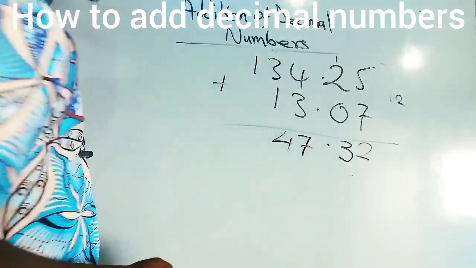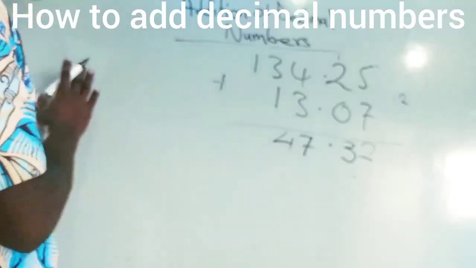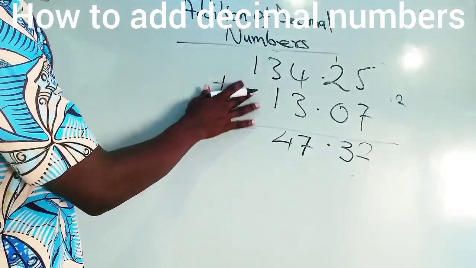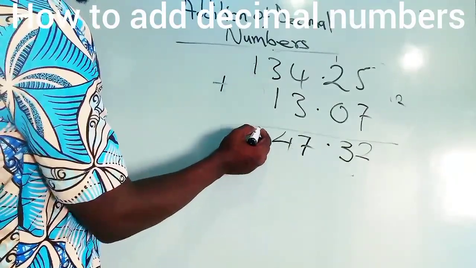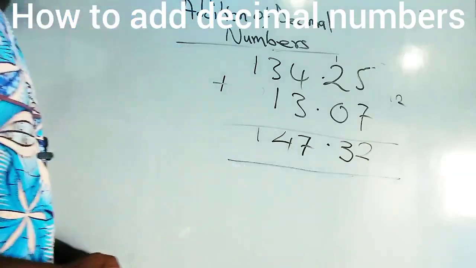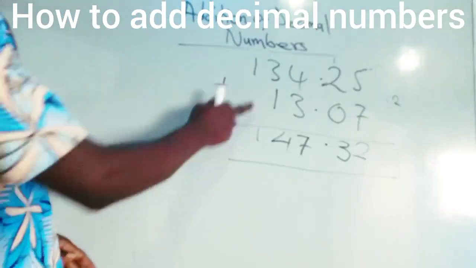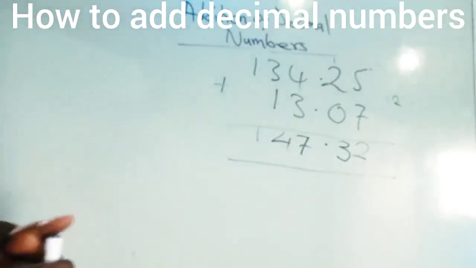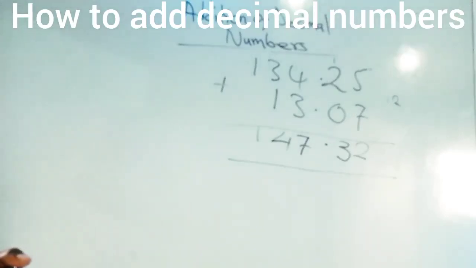You have your 4 here. Over here, you don't have anything. You can decide to bring 0 here. It wouldn't change anything. If you don't want to bring it, you can leave it like that. And then you bring the 1 here down. So therefore, 134.25 plus 13.07 is equal to 147.32.